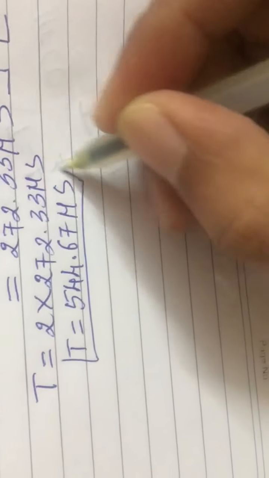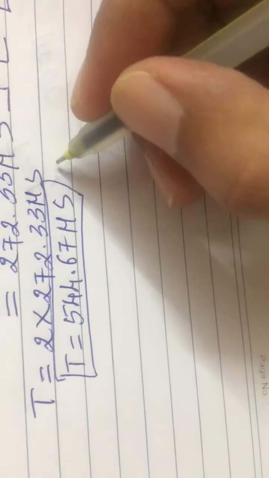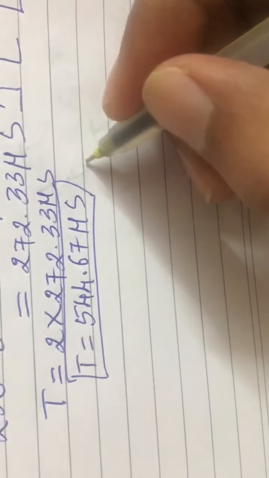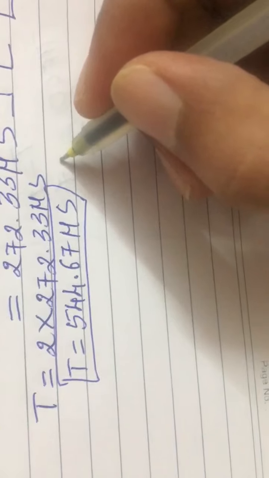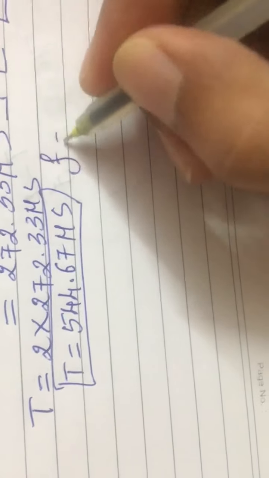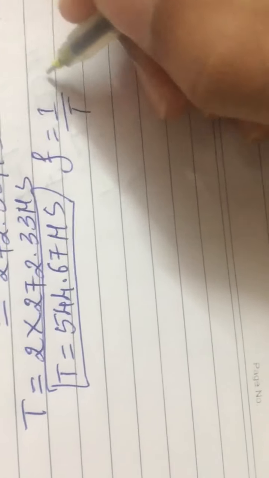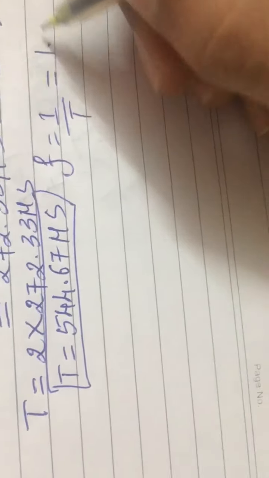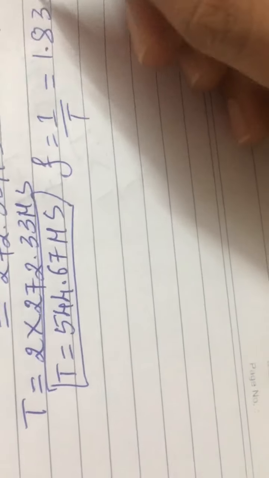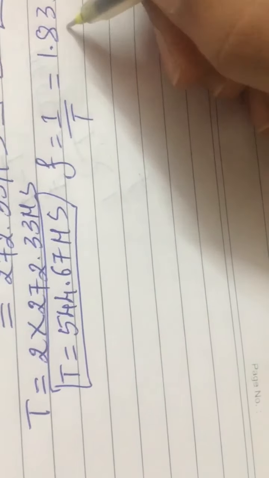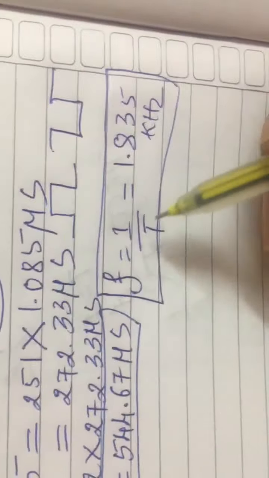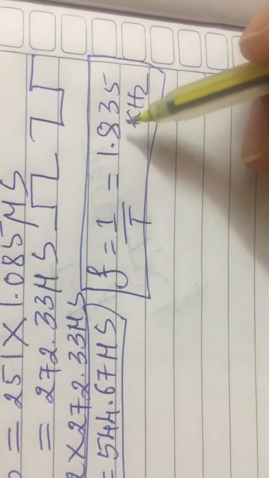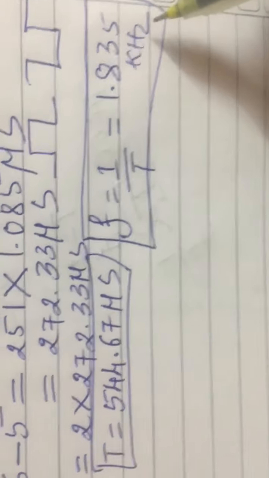So this is the total time period, including both the positive pulse as well as the negative pulse. If I take the inverse of this, f is equal to 1 by T, then I will get 1.835 kilohertz. So this is the first task that we did, right? f is equal to 1 by T is equal to 1.85 kilohertz. Okay.